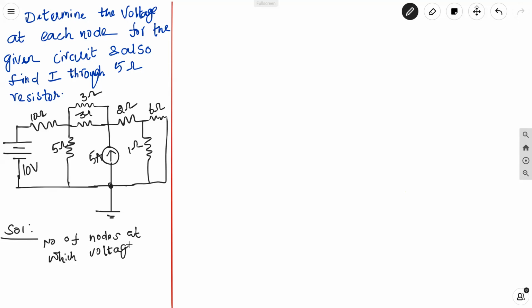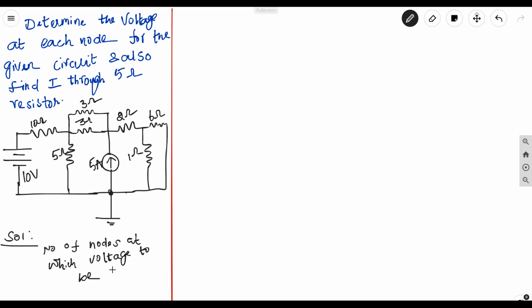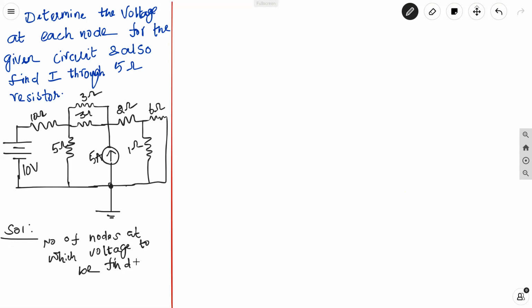Anyone? Any answer? How many nodes are there? Total 8 nodes, right?